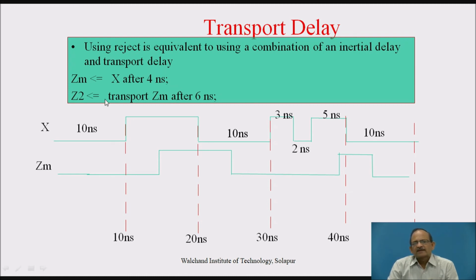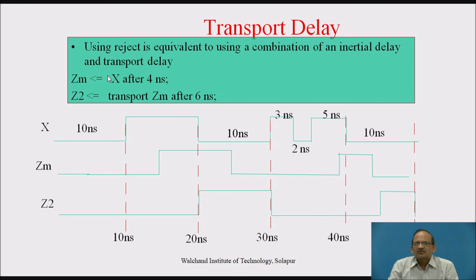So this is Zm. Now with the second statement, transport Zm after 6 nanosecond, Zm will be assigned to Z2 as it is, but delayed by 6 nanoseconds. So this pulse will be delayed by 6, so 39 plus 6 will be 45, and now this output will be the same as what we had in the case of inertial delay.